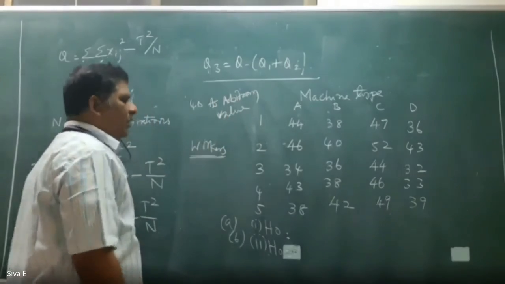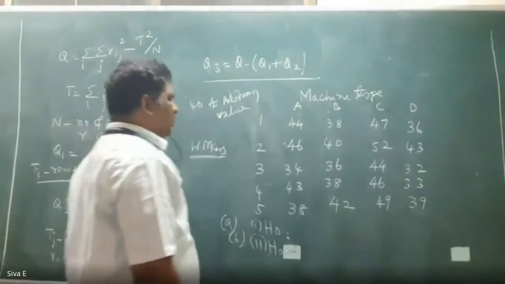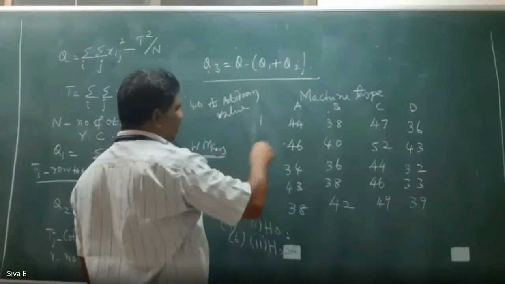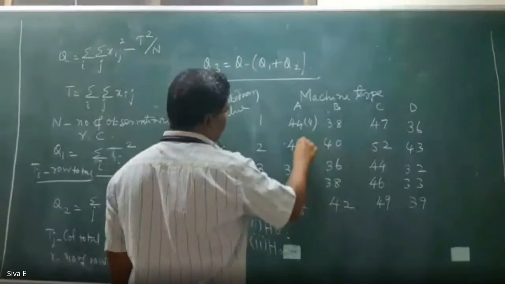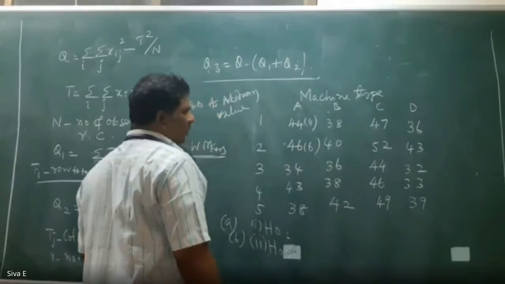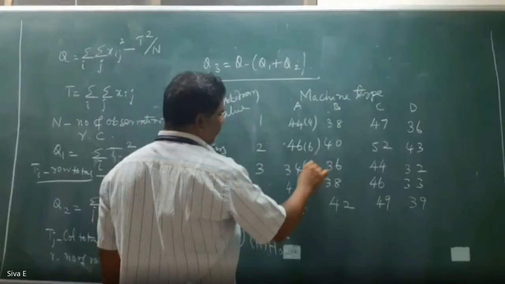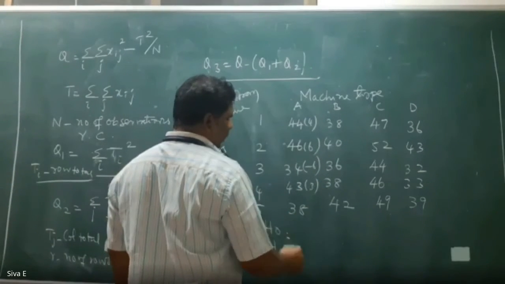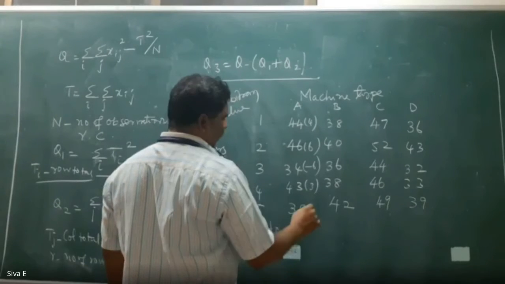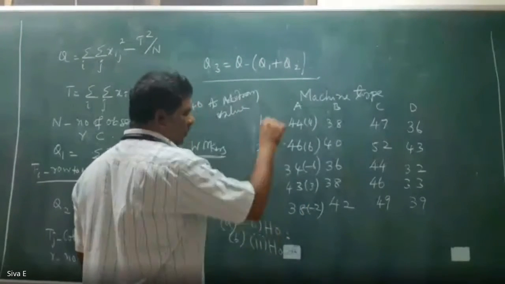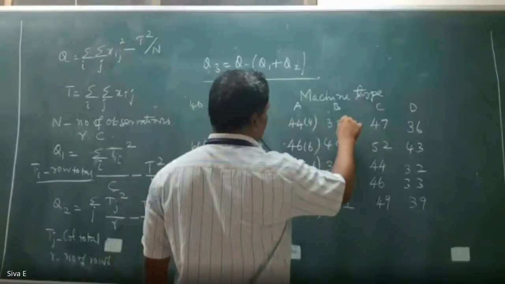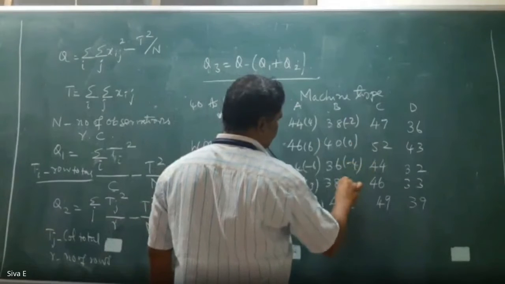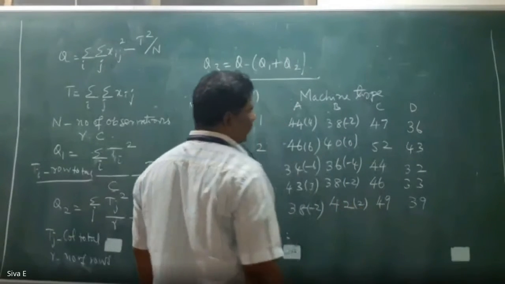Every value we subtract from 40. Then we get 4, 6, 6, 3, 38 minus 40 is minus 2. That is the first row: minus 2, 0, minus 4, minus 2, 2.